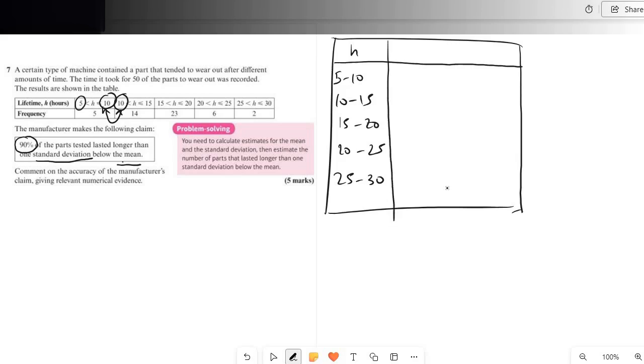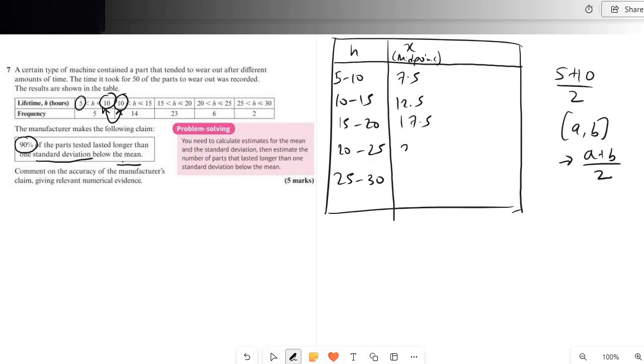And we can find out the midpoint x, which for 5 to 10 is going to be 5 plus 10 divided by 2, using the formula for the midpoint of AB being equal to A plus B divided by 2. So this gives us 7.5, then 12.5, 17.5, 22.5, and then 27.5.